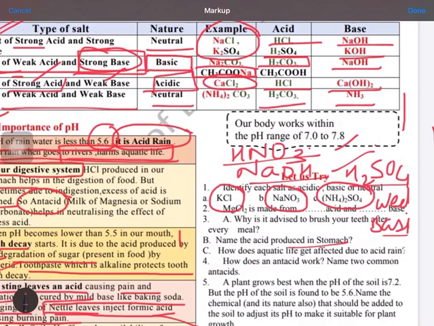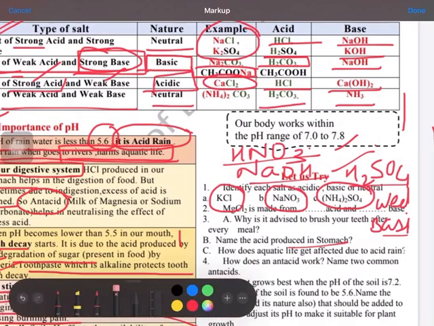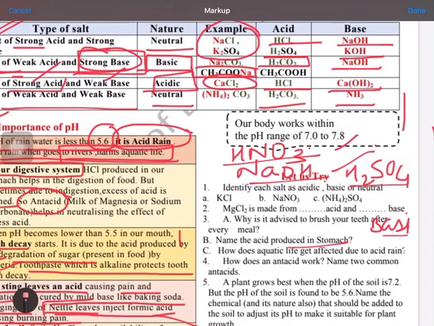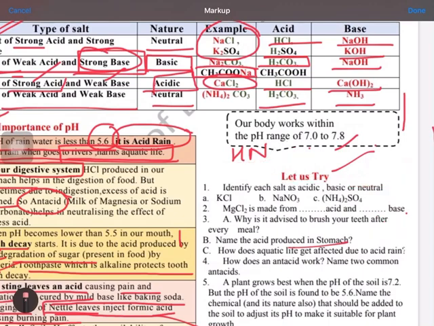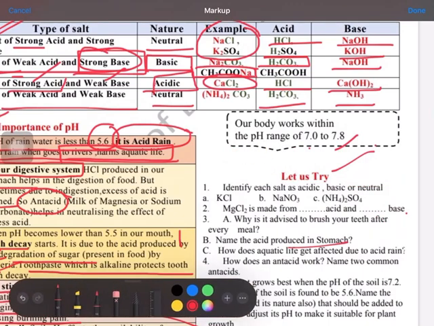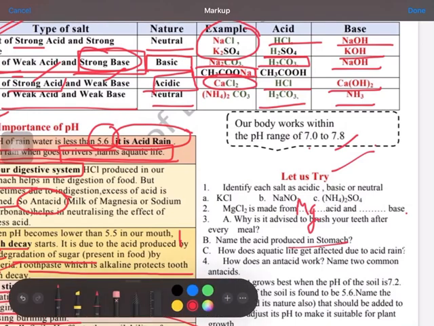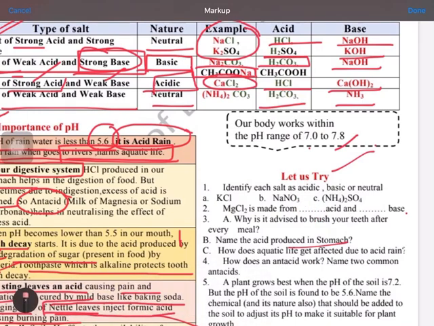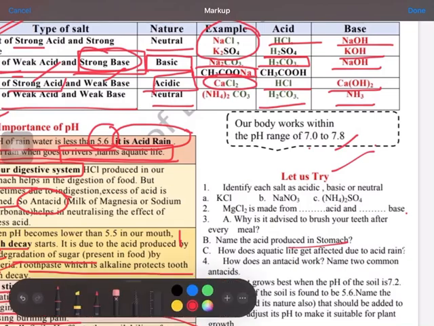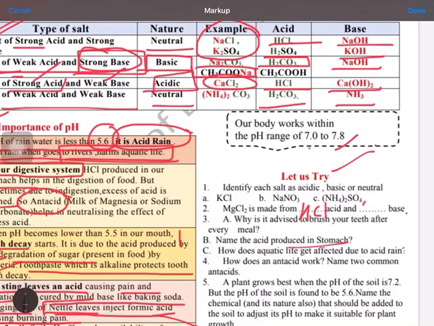Now the next question is, MgCl2 is derived from which acid and base? So MgCl2, magnesium chloride, that means magnesium hydroxide and HCl will be there. So acid will be HCl and base will be magnesium hydroxide.